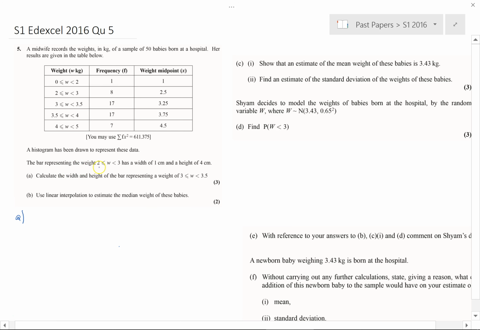Right, okay, it tells us that this has a class width of 1, and that's represented by 1 centimetre. So clearly, because it wants to know what the width of the 3 to 3.5 would be, we can see that that would be 0.5, because the 2 to 3 one had a width of 1.